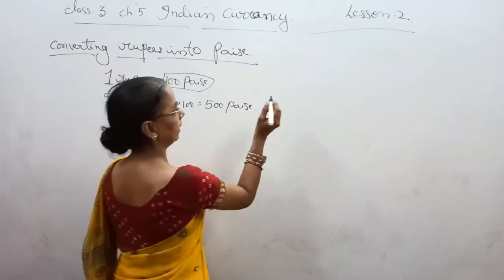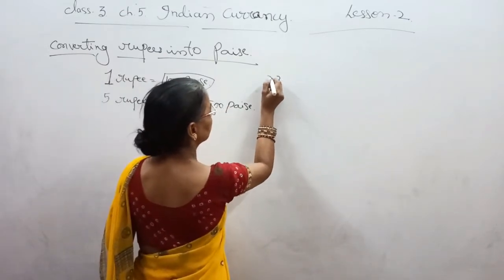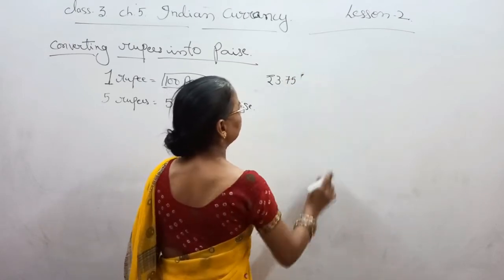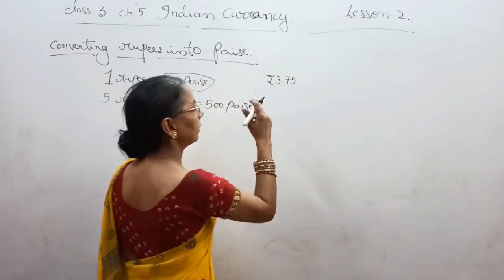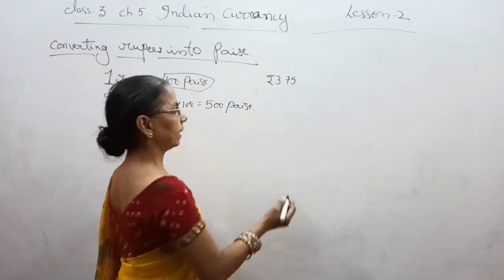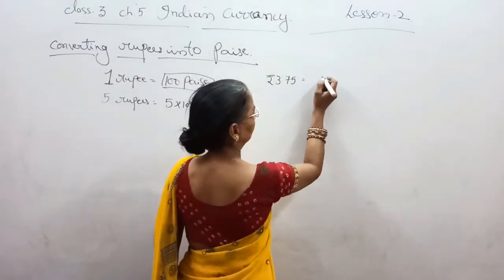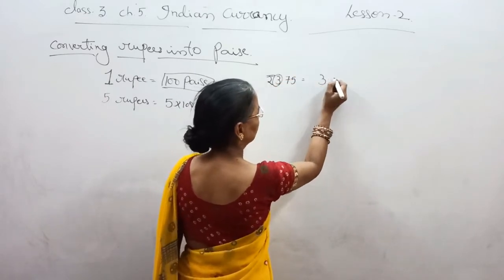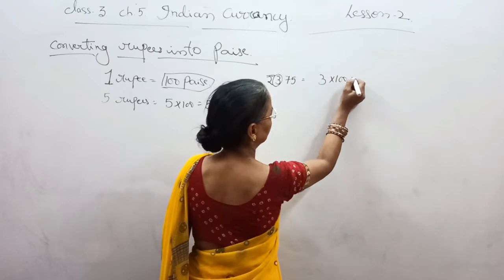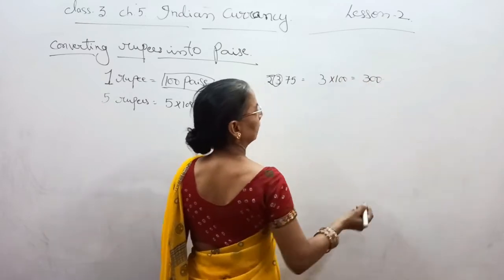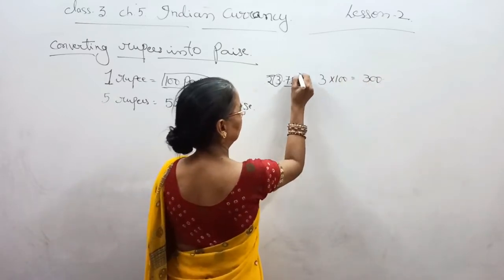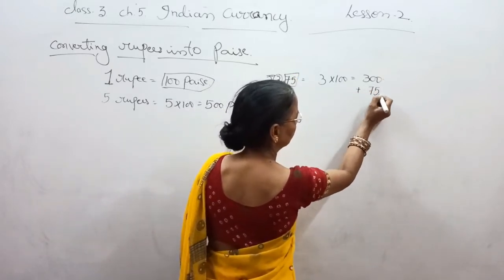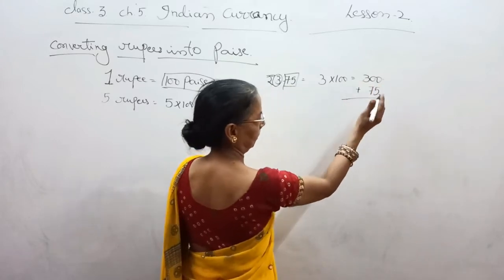Suppose we get 3 rupees 75 paise, which will be converted into paise. First we take the 3 rupees, 3 into 100, it is 300. Then the paise is 75 paise. Here we have to add this with the 300 paise.